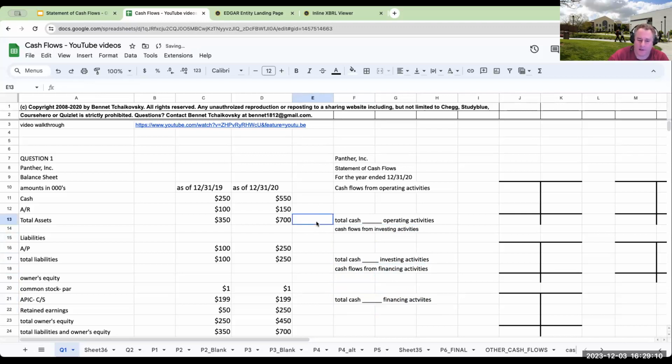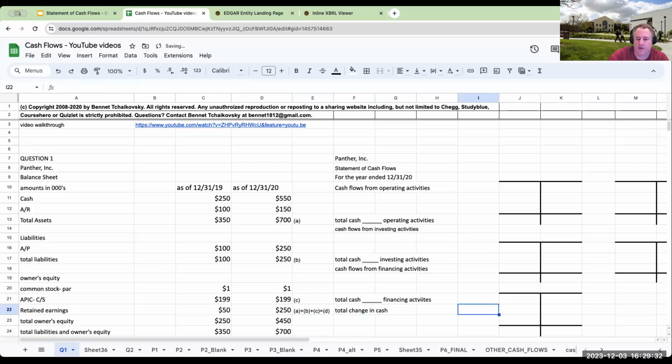When I add up the cash flows from operating, from investing, and from financing, this is going to give me my total change in cash.